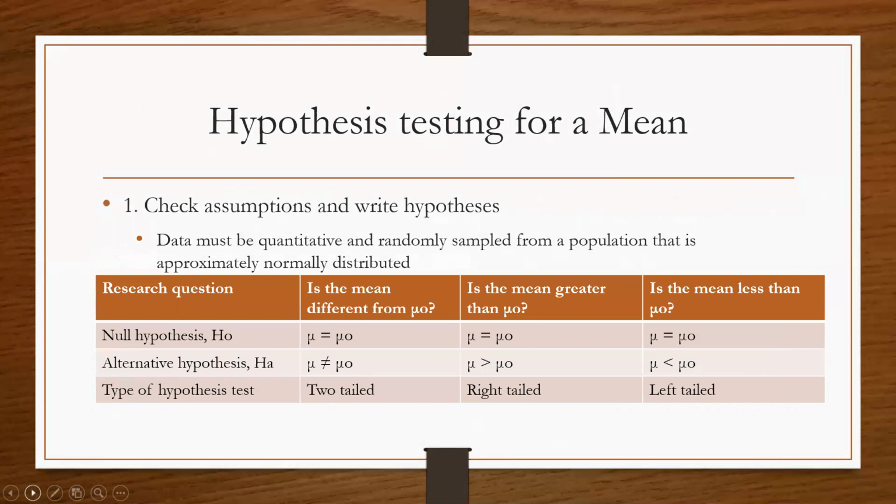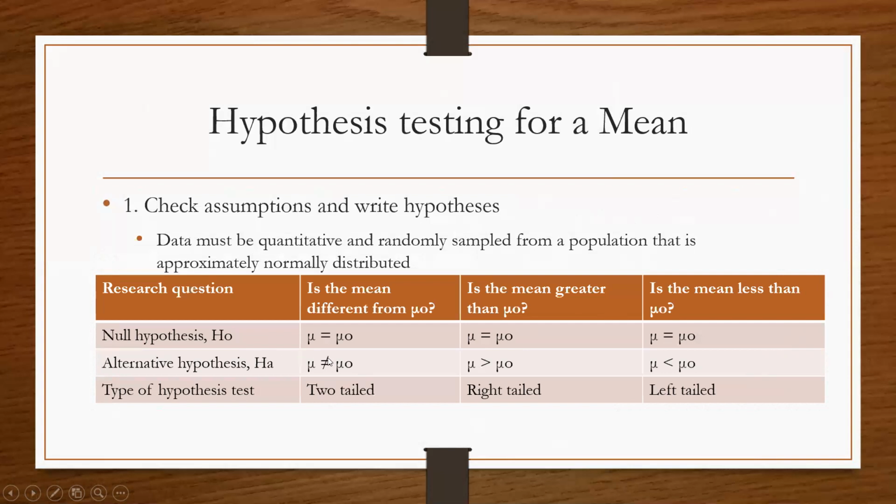So when you want to check the assumptions or hypotheses, the data has to be quantitative and randomly sampled from a population that is approximately normally distributed. For your research question, the null is always going to say that it's equal to. The alternative is going to say, is it different?